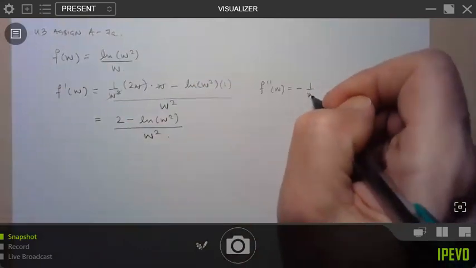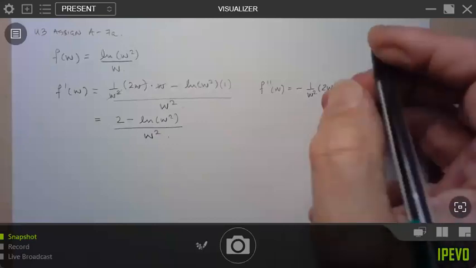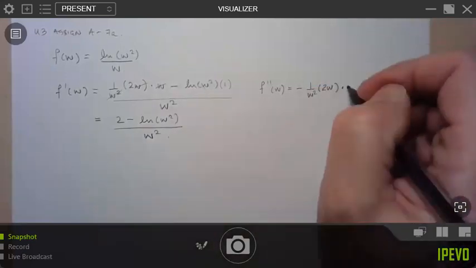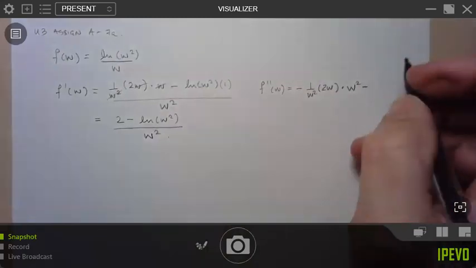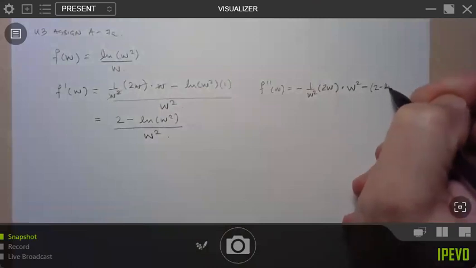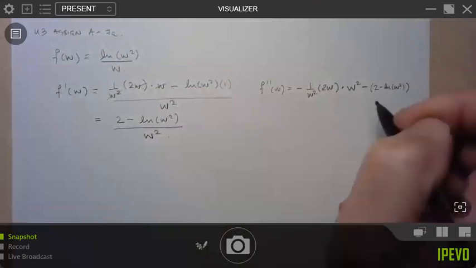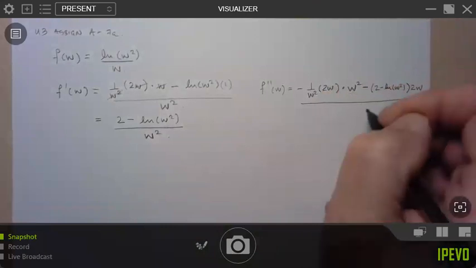It's 1 over w squared times the derivative of w squared, 2w, times the denominator function, which is w squared, and then minus 2 minus ln w squared, times the derivative of the denominator function, which is 2w, and all of this over w to the 4th.